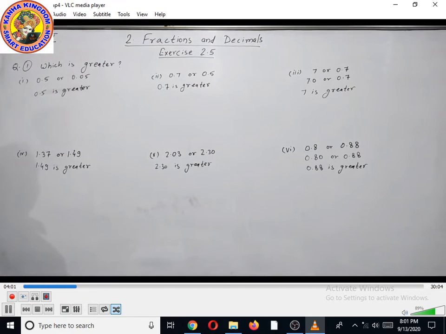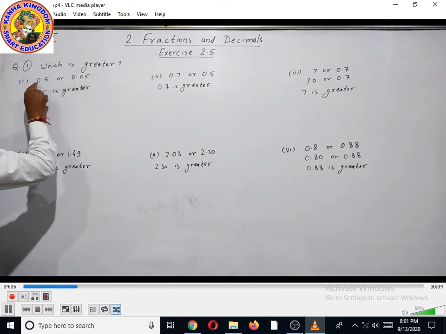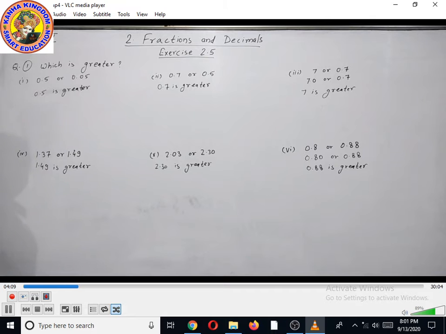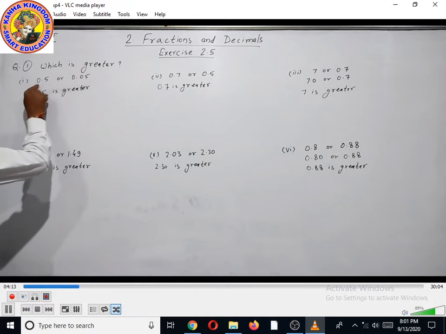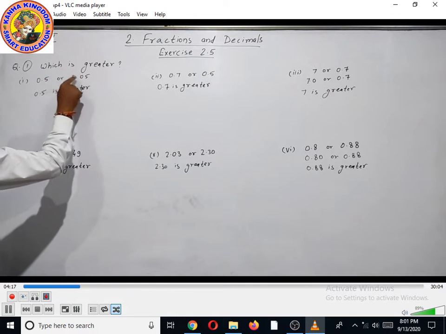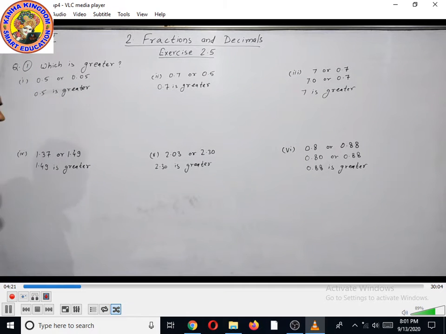Now let us go through the questions again from the beginning. Which is greater? This is our integer part, this is our decimal part. First of all, we compare the integer part. Integer parts 0 and 0 are equal. In the decimal part, 5 and 0, 5 is greater. So 0.5 is greater.